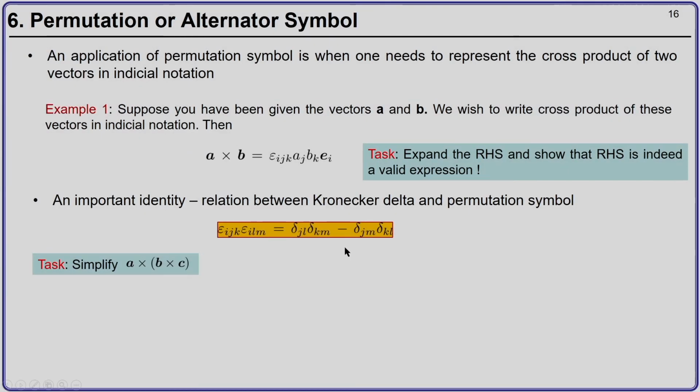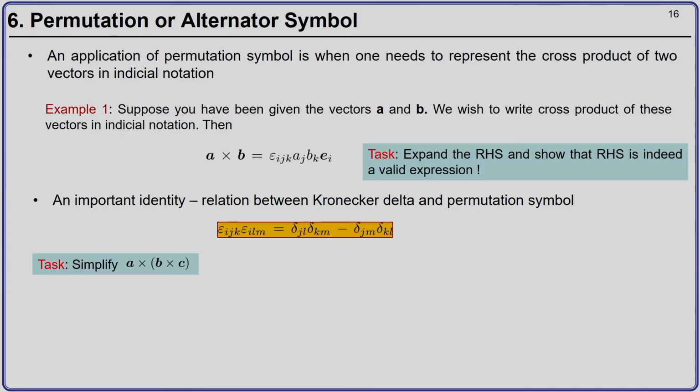One application of the permutation symbol is when one needs to express the cross product of 2 vectors in indicial notation. Take for example, you are given 2 vectors a and b, and now we wish to write the cross product of these two vectors in indicial notation.